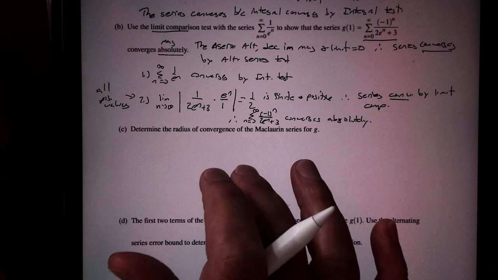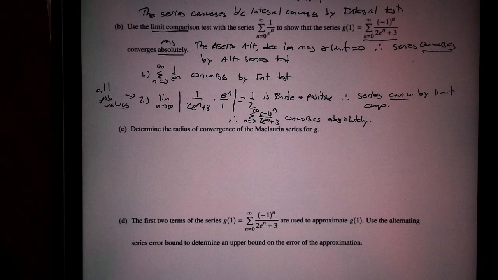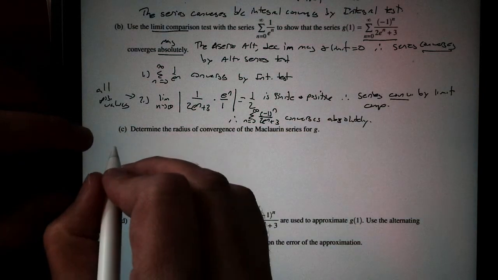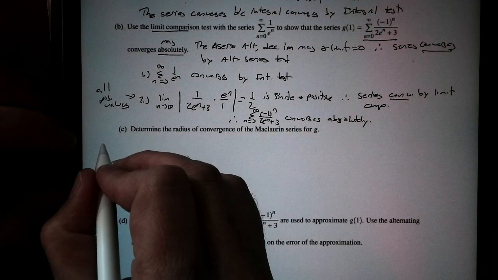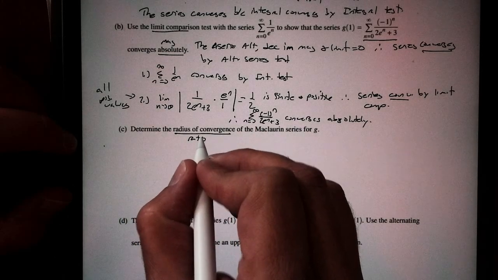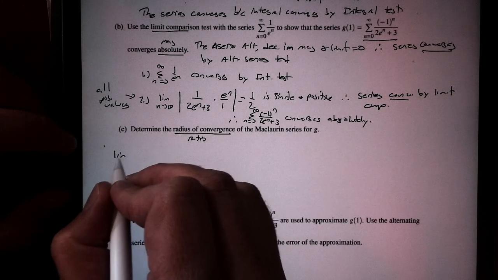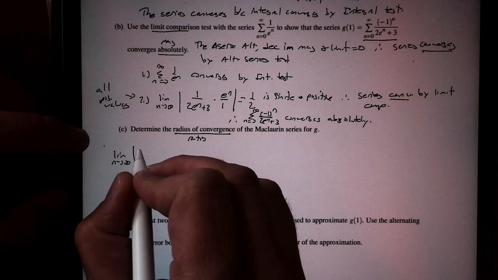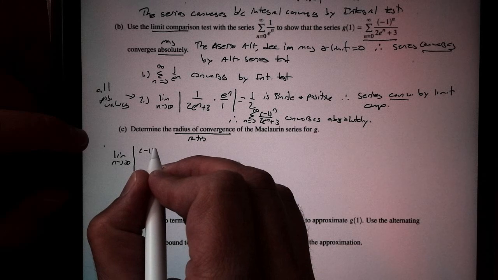And the last part C says, determine the radius of convergence for our series. So that's just our ratio test here. So this is our ratio test, radius of convergence. So we would set the limit as n goes to infinity of -1 to the n plus 1.